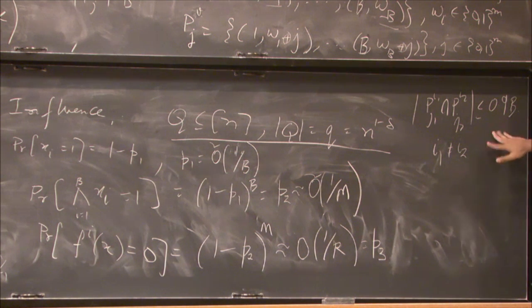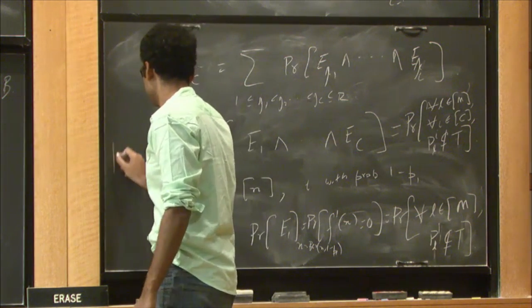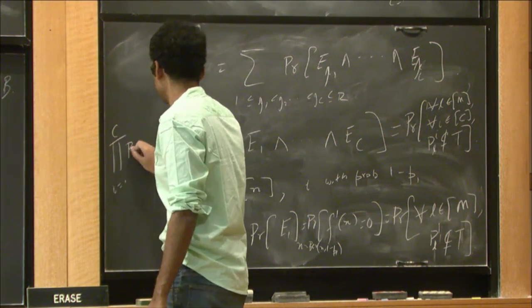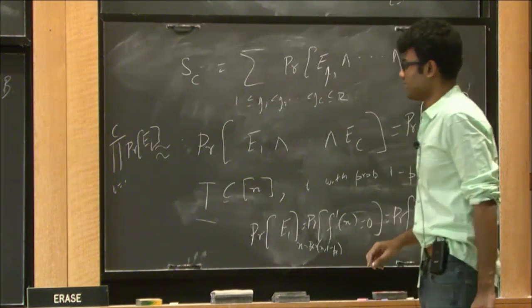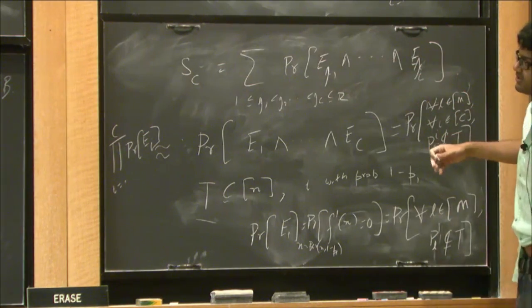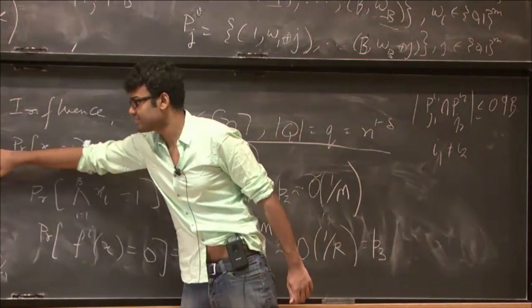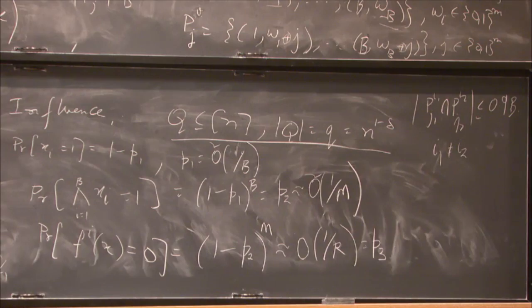If this happens, then Janson's inequality can be directly used to show that this is approximately equal to the product of i from 1 to c of the probability of Ei. And plugging this in here, with some manipulations, actually gives us that this behaves like independent tribes. So that's how we bound the bias of the function.